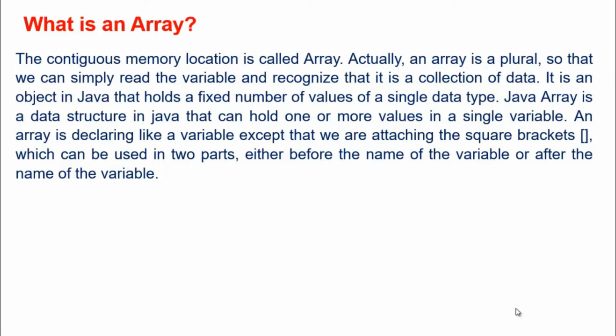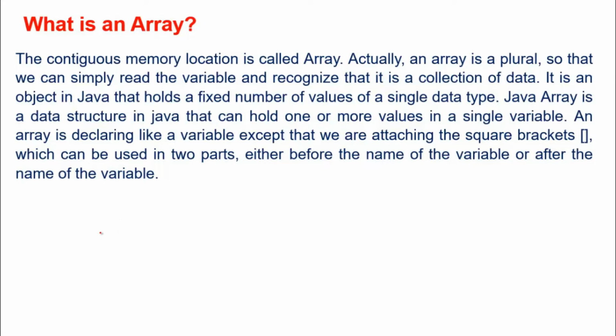An array is declared like a variable, except that we attach square brackets, which can be used in two places, either before the name of the variable or after the name of the variable. So this is the contiguous memory location.